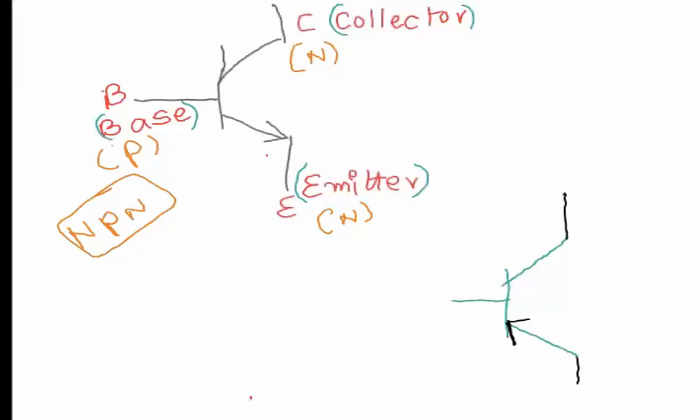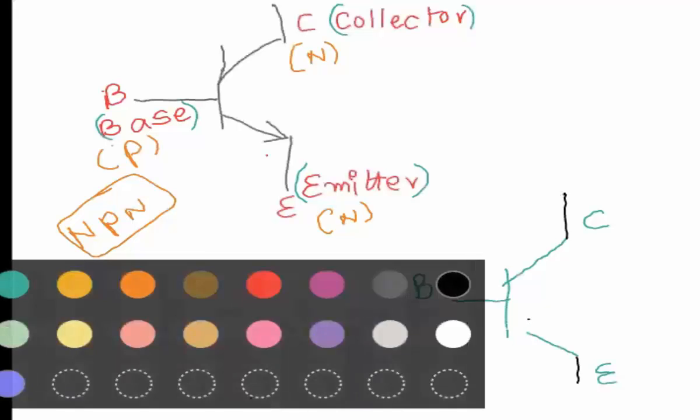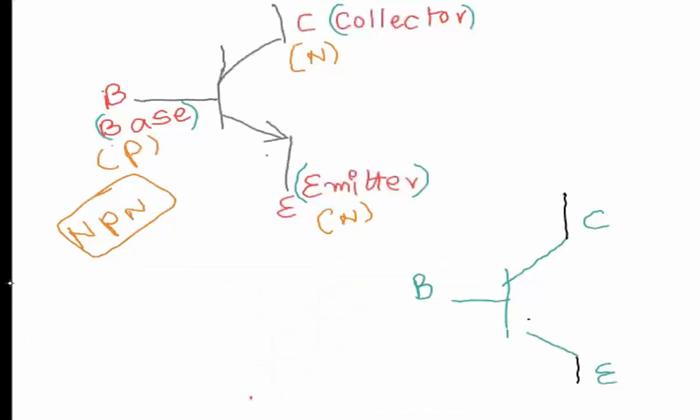If you see an arrow pointing inwards like this, again the terminal names are the same: wherever you see an arrow, that is the emitter. The opposite is the collector, and this one is the base. But the doping used in PNP would be, the collector would be the positive or P type.